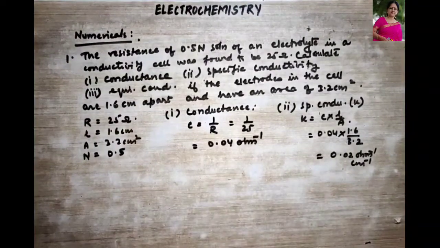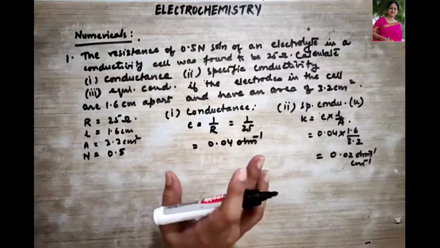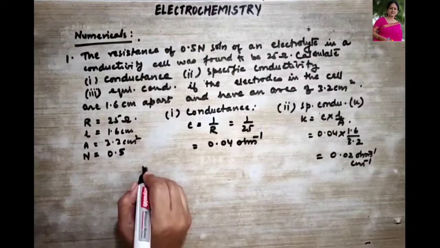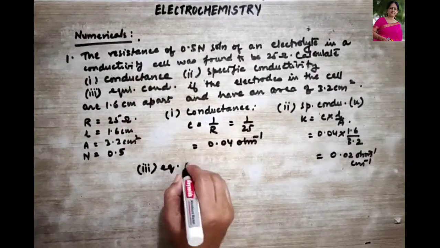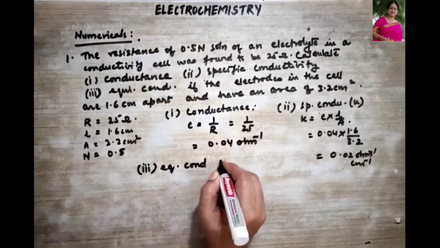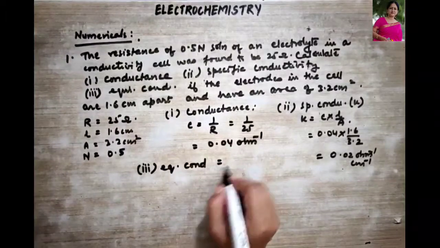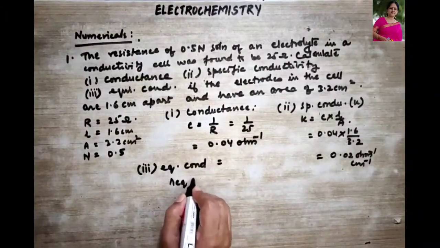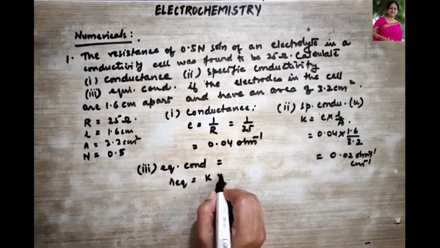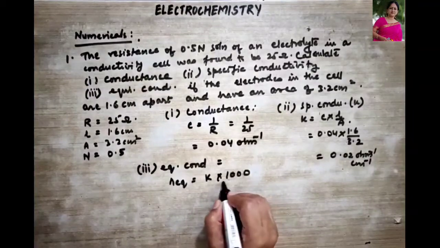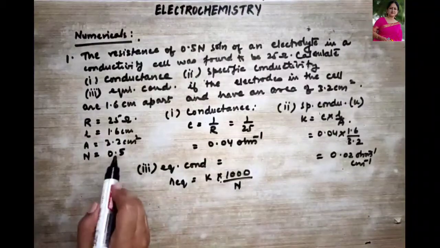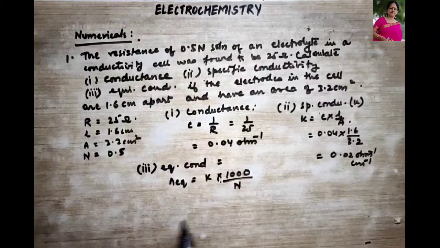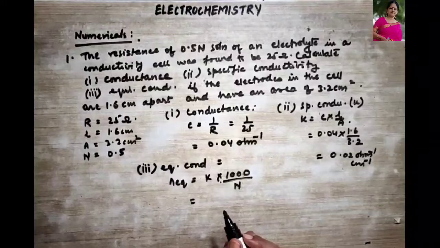Then thirdly we have to find out equivalent conductivity. This is equal to K into 1000 upon N, that is the concentration of the solution. So K you have already calculated.